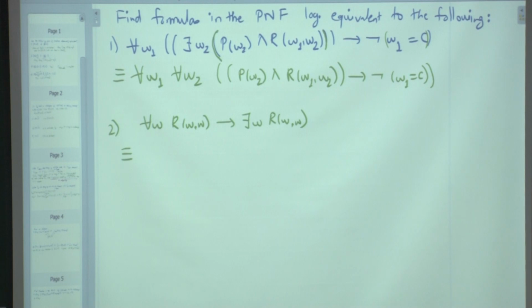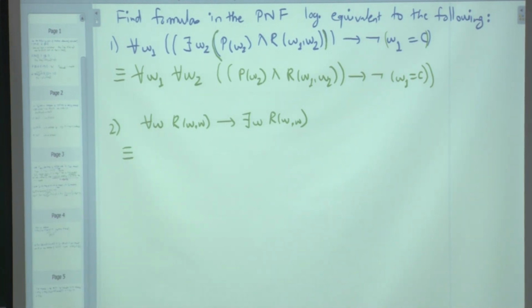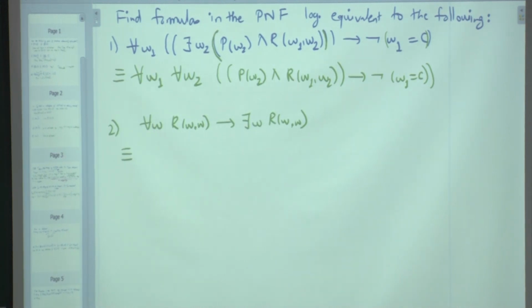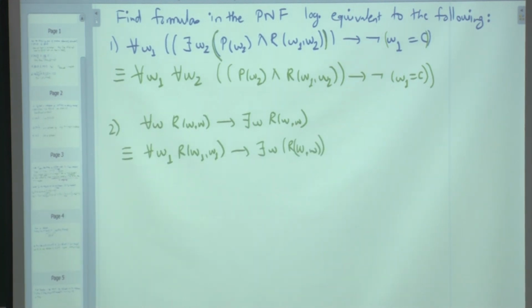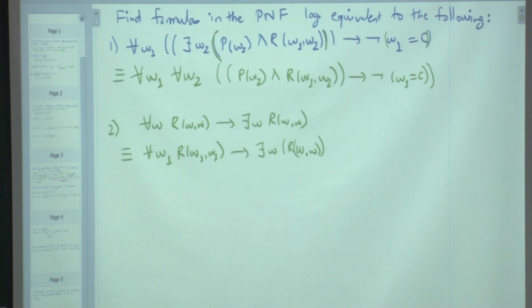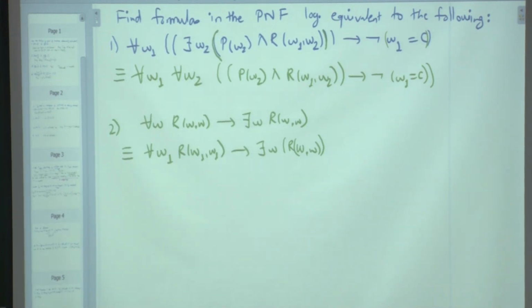The first problem is that the scope of different variables is different. So you should change one variable to something else. So let's say we are changing this one. Okay, then we can take out this, there exists.